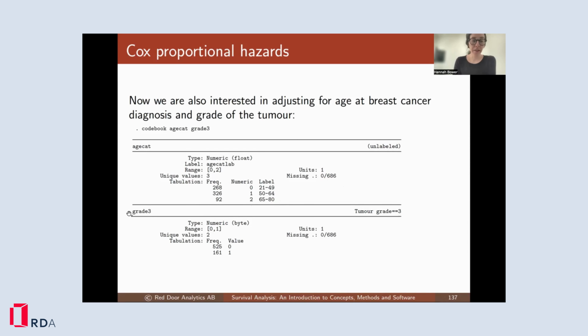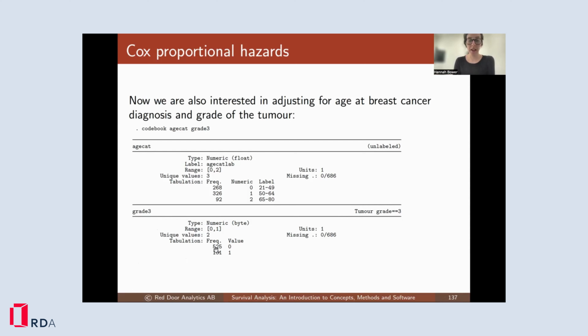And then for the grade variable, grade 3, we have a label on this which says tumor grade is equal to 3. So this would indicate it's probably an indicator variable or a binary variable saying whether individuals had a grade 3 tumor or not. And if we look further down into some of this information, you can see that this is true. So we have a 0 value for 526.